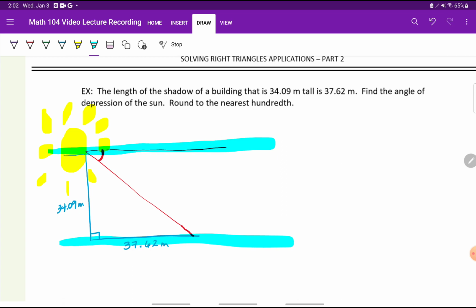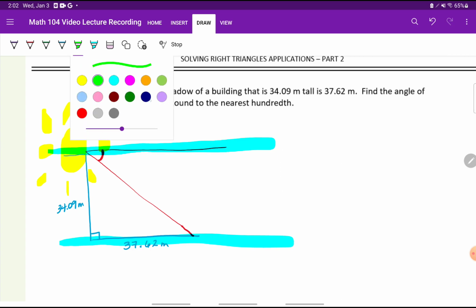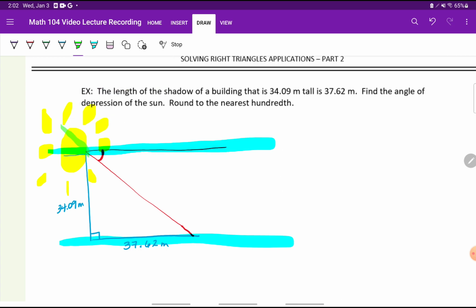So we have two parallel lines cut by a transversal, the angle that the sun is coming down. And we know when you have two parallel lines cut by a transversal that alternate interior angles are congruent. So our angle of depression has the same measure as this angle down here. So what we need to do is simply find this angle, I'll call it theta, inside our triangle.